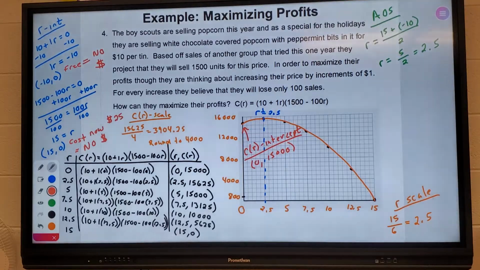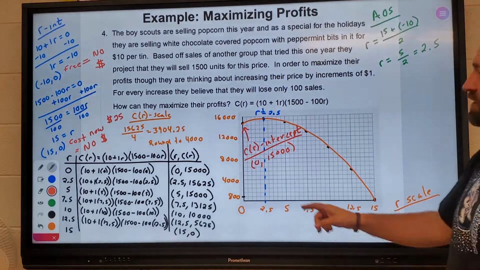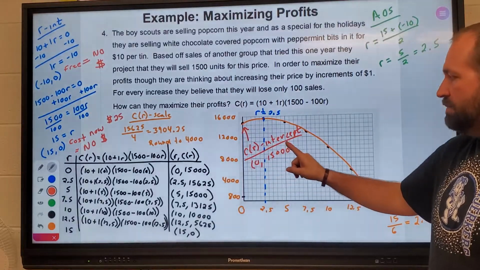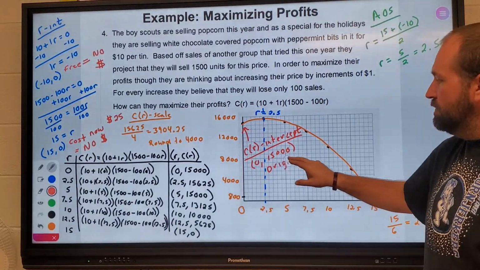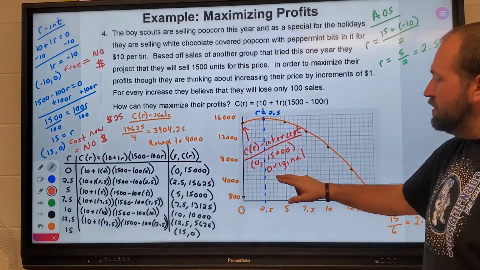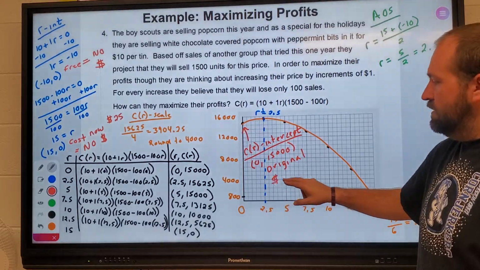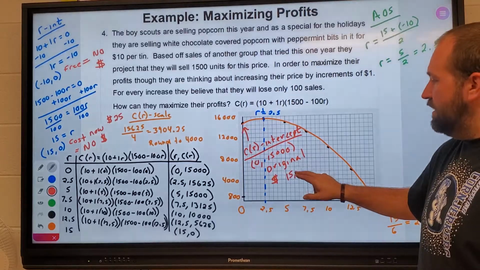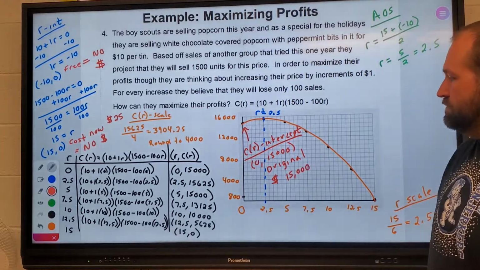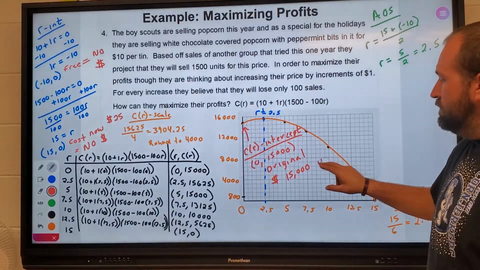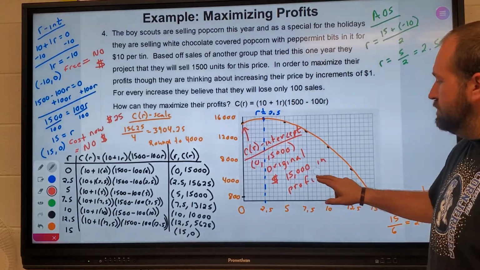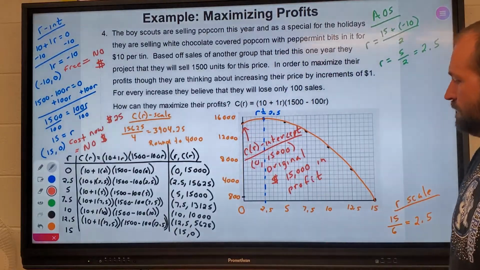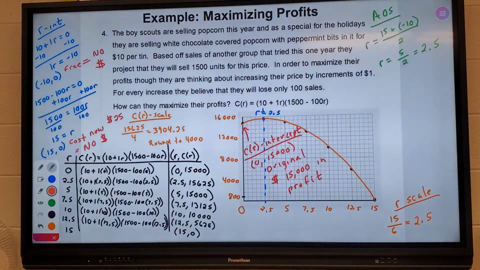That means that if I did not increase the cost at all, then my original sales, the original money that I'm making, is $15,000. Profit. Okay, without changing the cost at all, we're bringing in $15,000.